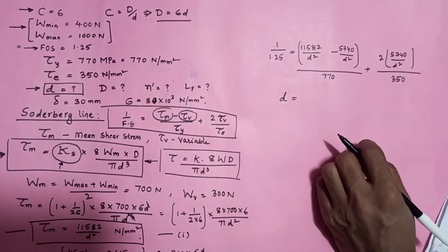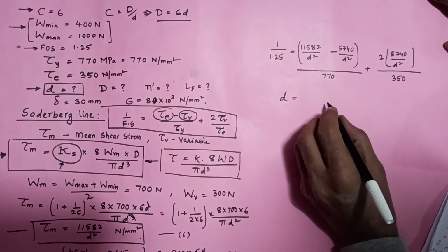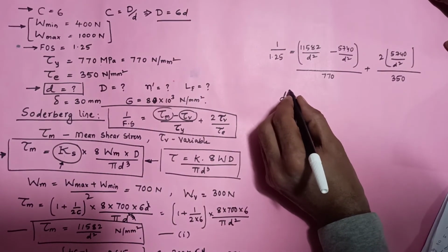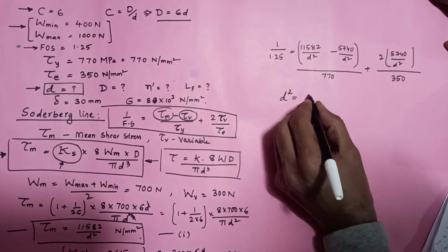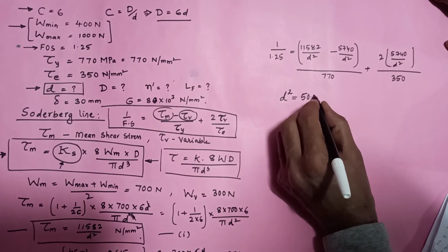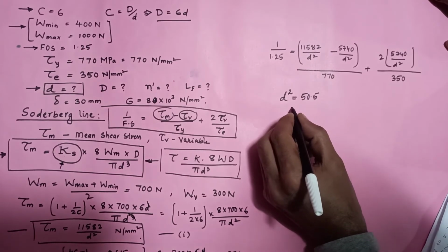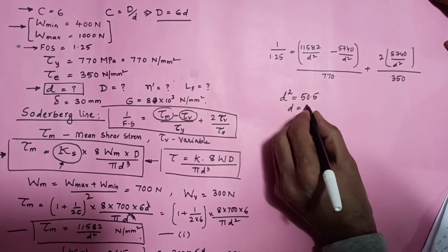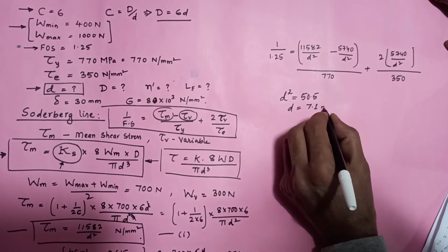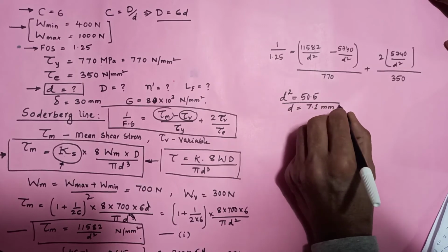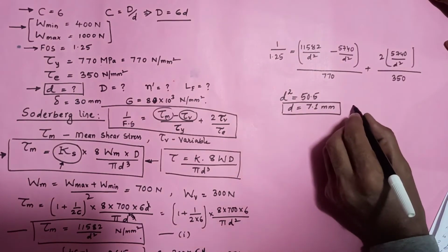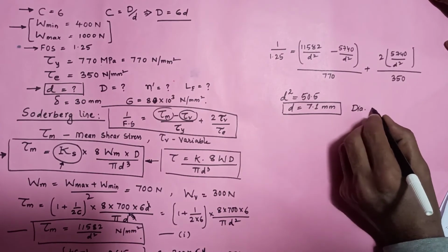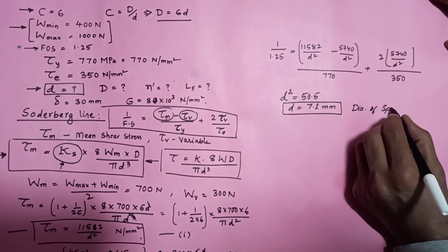After calculating all this, I got the D square value, that will be around 50.5. Again, if you take D, then you will get around 7.1 millimeter. So this is the diameter of the spring wire.